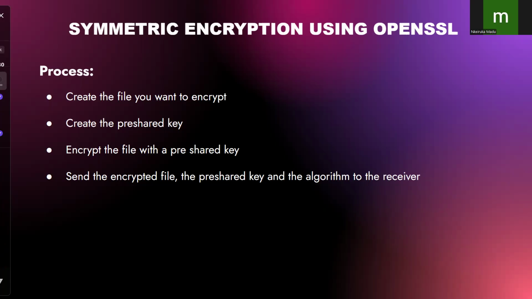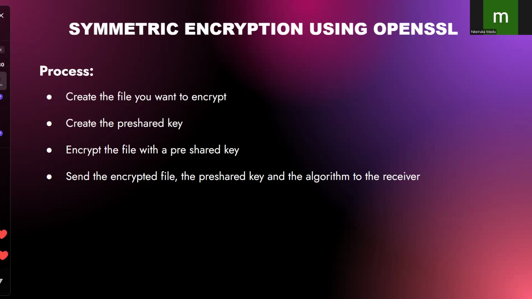So you first of all have data you're trying to protect. That is the first thing you need to do: have a file or data you're trying to protect. Then for symmetric encryption, because it uses one key, you need to generate that pre-shared key. You generate that key, and then you have it handy to be sent to the next person that will be decrypting your message.